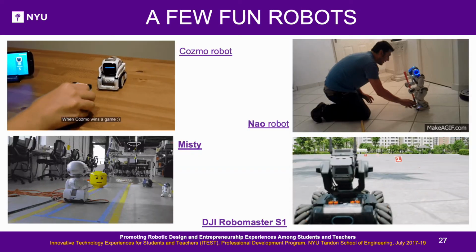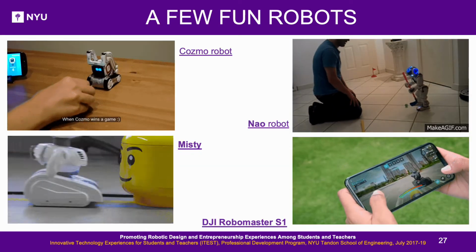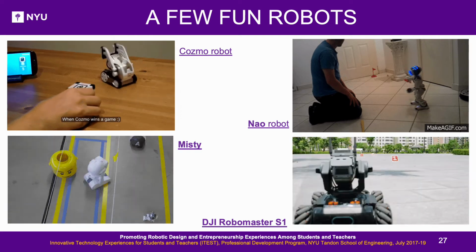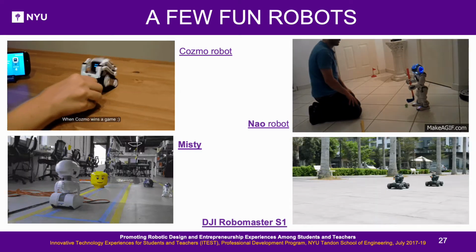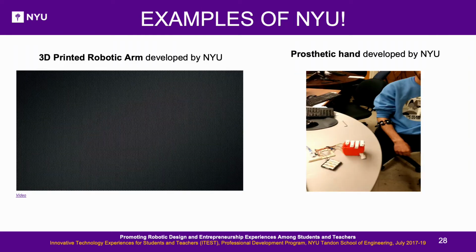A few robots used for entertainment purposes. We can see Cosmo Robot, Misty Robot, Now Robot and DJI RoboMaster for playful purposes. Examples from NYU.